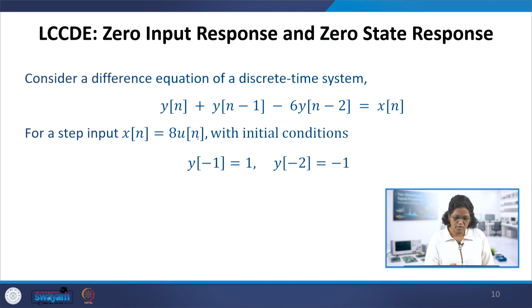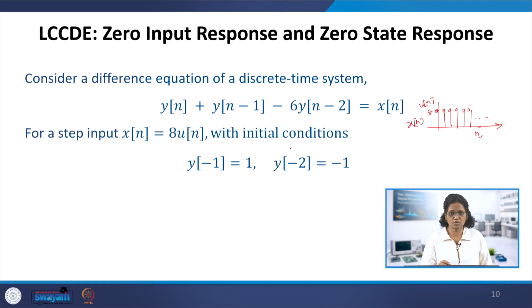Input 8 u of n means the step input, where we have n and this is u of n. Here the amplitude of this is 8, and this would continue up to n. This is x of n, its equation, with 8 as the amplitude for the step input with the initial conditions.